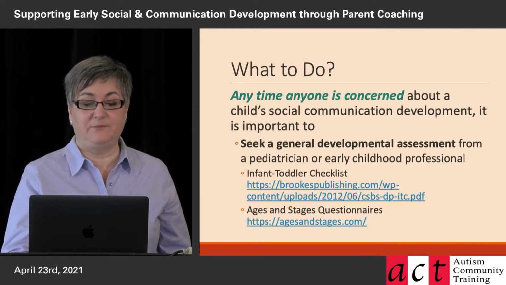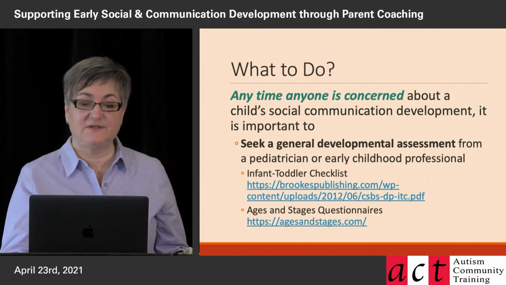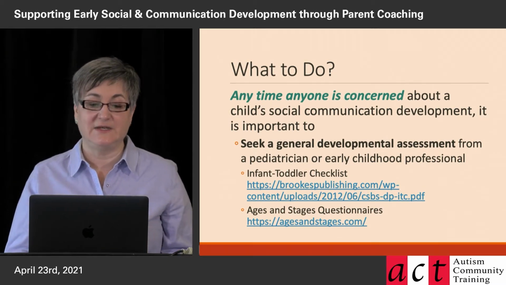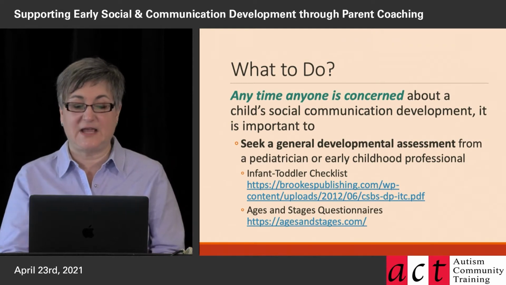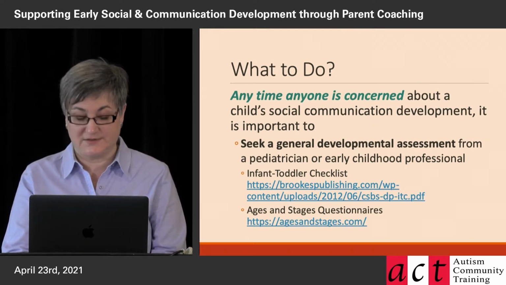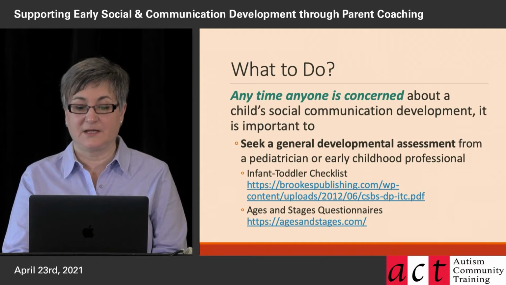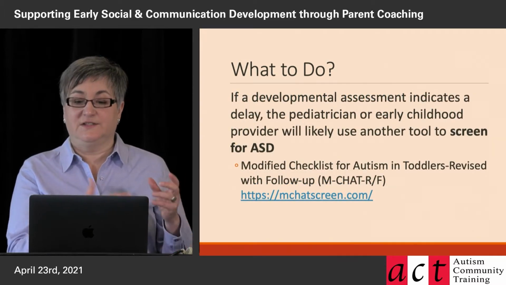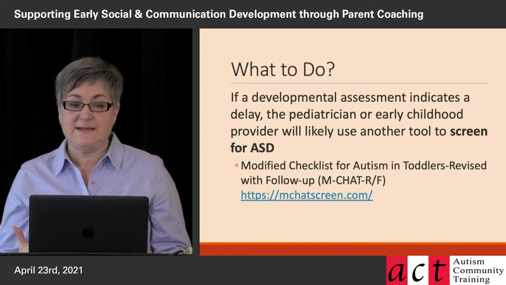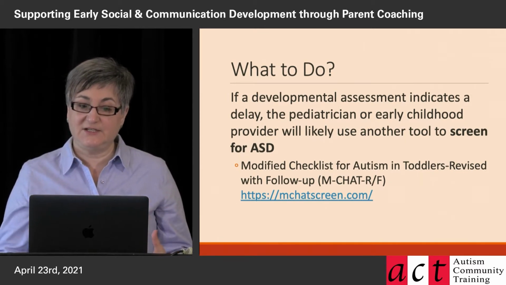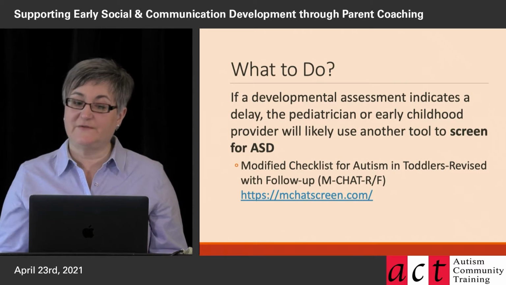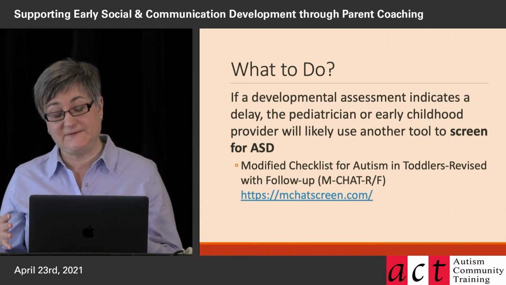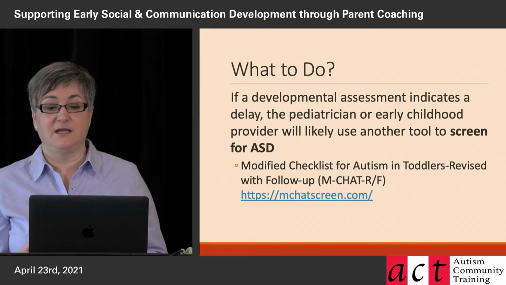So here we just put two examples of screeners that could be used for this general developmental assessment: the infant-toddler checklist and the ages and stages questionnaires. There could be others. So if that screener suggests that there might be a delay, then it's likely that the pediatrician or the early childhood provider will use another tool that's still a screener, but that's more specific about autism.